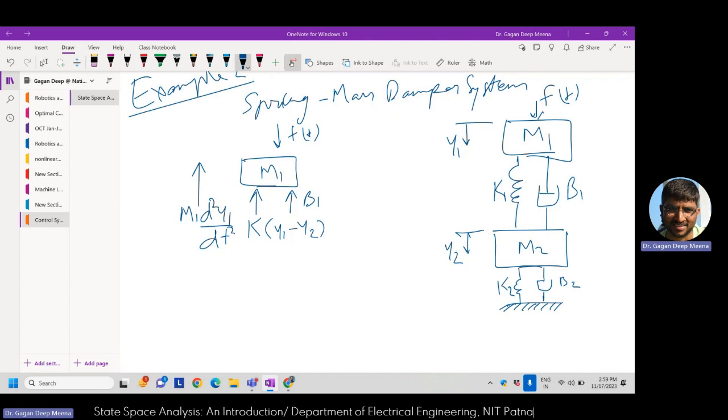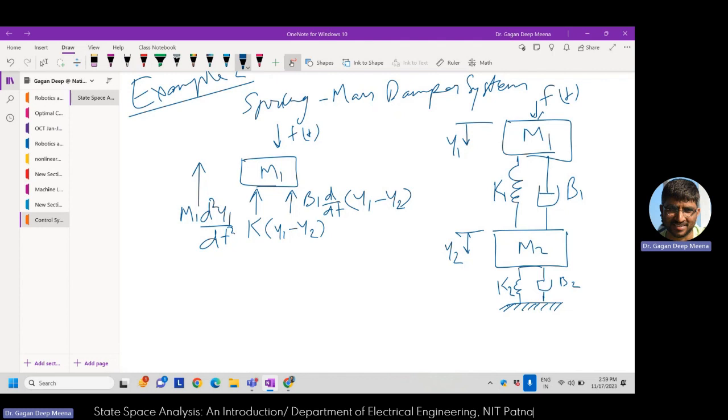So the first differentiation of displacement goes with the damper, and b1 comes with d by dt of (y1 minus y2), as we are considering the mass m1. Now I can see that there are three forces acting in the reverse direction from the applied force. The applied force is considered the input to this spring-mass-damper system, and the rest are reaction forces.